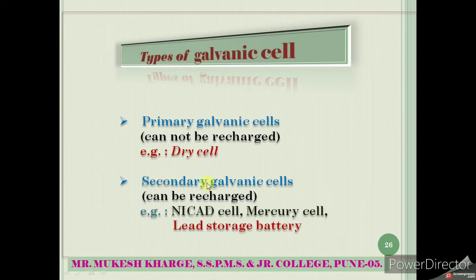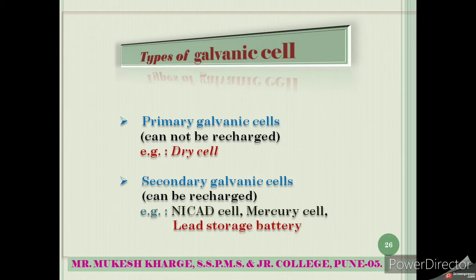Then there are some other galvanic cells which are known as secondary galvanic cells. But these cells can be recharged. So once we use that cell, they get discharged, and by supplying the external voltage which is slightly greater than the EMF of your cell, then they can be recharged, the reaction can be reversed. So these cells are called as secondary galvanic cell.